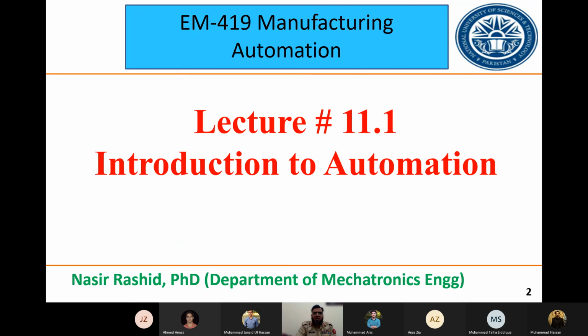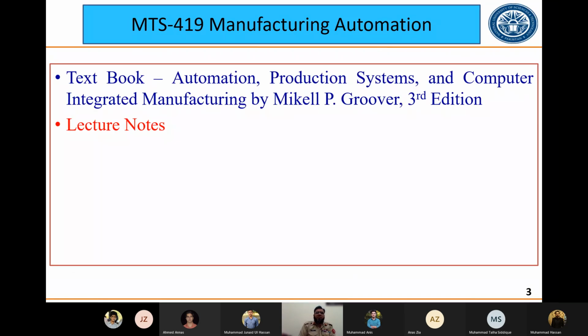In today's lecture, let me first introduce you to the subject. The textbook which we will be following for this subject is Automation, Production Systems and Computer Integrated Manufacturing by Michael P. Groover. It is the third edition. I have uploaded the e-copy of this book on LMS, so you must have downloaded it, or if you have not, please do so.